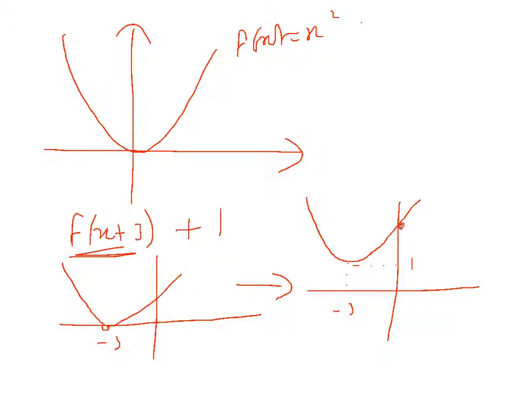And you can easily find this intercept there because I can just put x equals 0 into my equation, y equals x plus 3 all squared plus 1. So at x equals 0, my y equals 3 squared plus 1, which is 10.